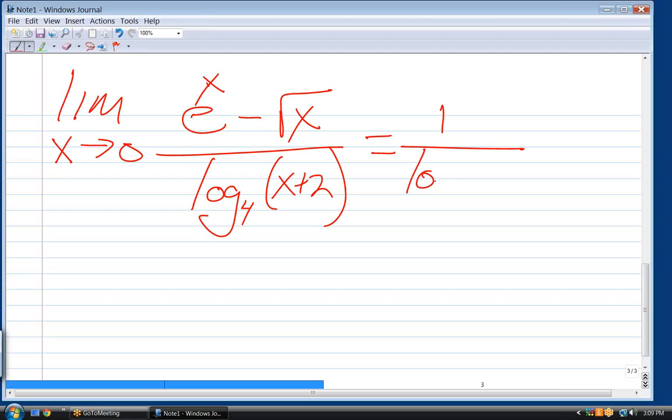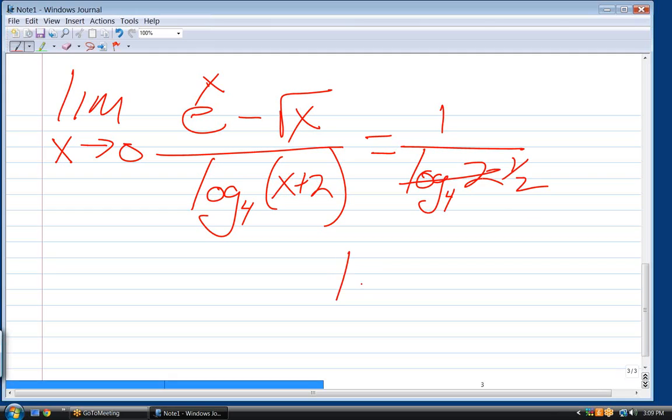What's the bottom? The log base 4 of 2. What does that equal to? 4 to what power is equal to 2? 1/2. I can replace that with a 1/2.